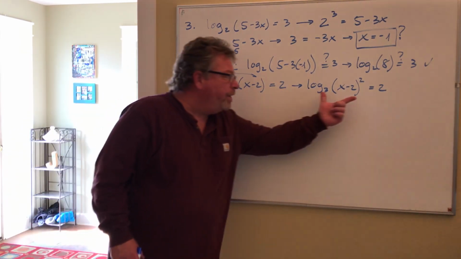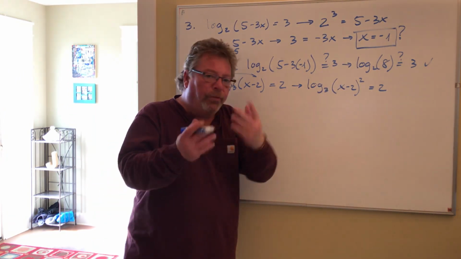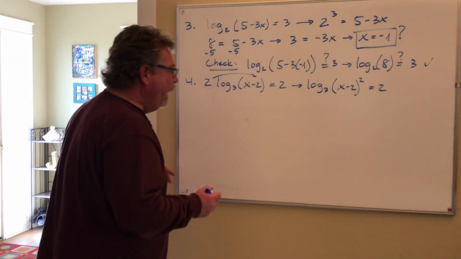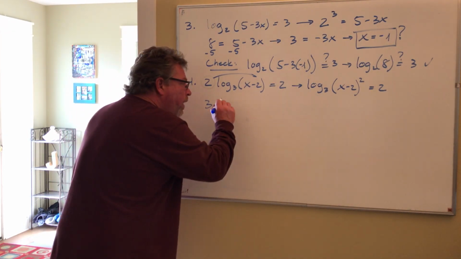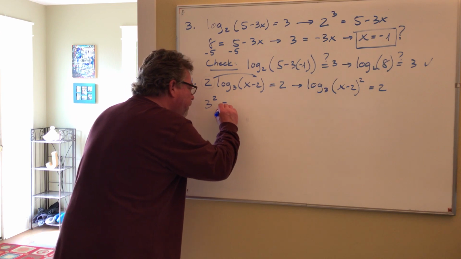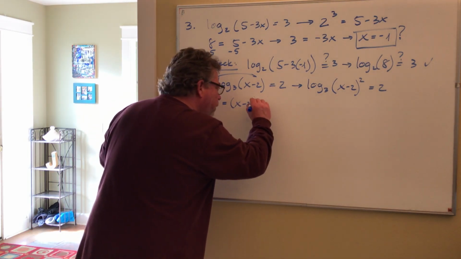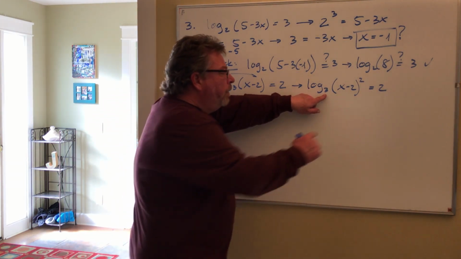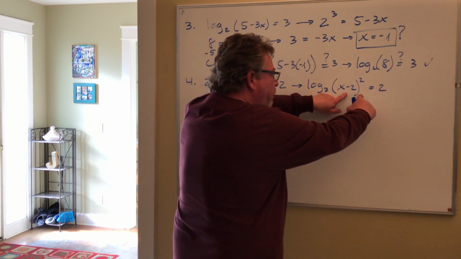And now I can take this form of the equation, rewrite it in an exponential form, leave the logarithm behind, and I'll have 3 raised to the second power is equal to x minus 2 squared. Right? So this base raised to this power will give me this stuff in here.